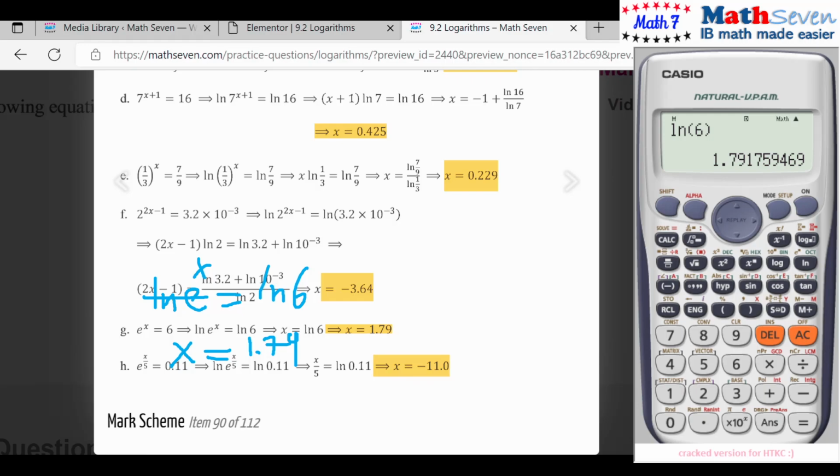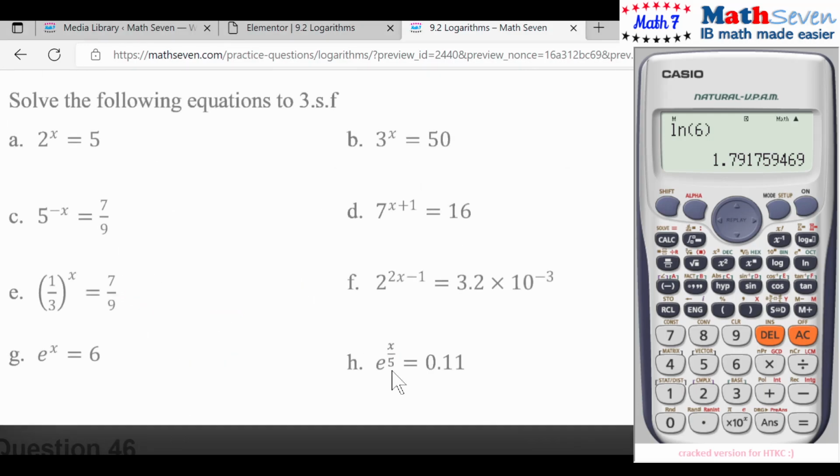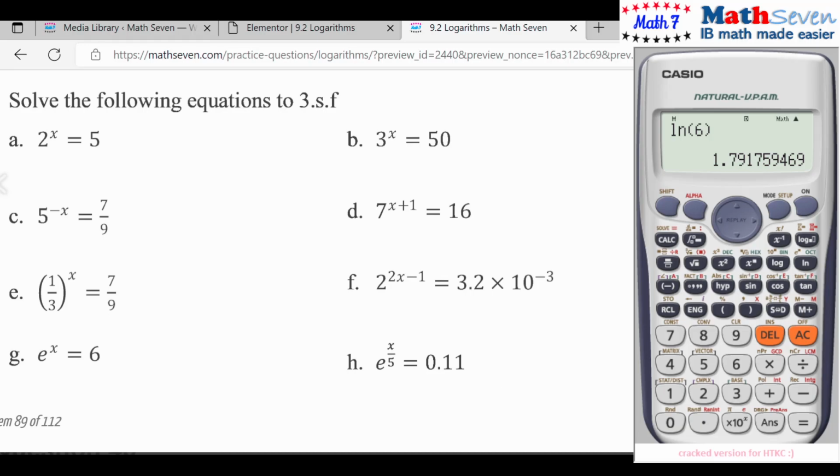Going back to the last question, again you give ln to both sides. Let's do this question here. The ln and the e cancel out, so you're left with x over 5 equals ln 0.11. ln 0.11 is going to be negative, because we know the graph of ln, remember, it looks like this. The point is that here is 1, 0, so anything between 0 and 1 will be negative.